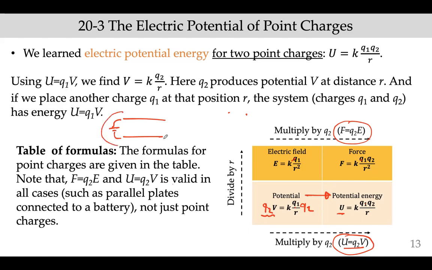In these cases, we can't really use the formulas for point particles, but these two formulas are still valid also for cases where you don't have point particles, but instead you have the battery and the parallel plates.